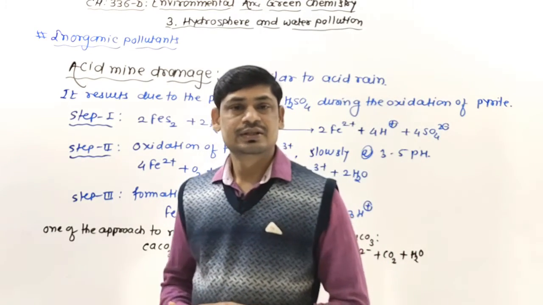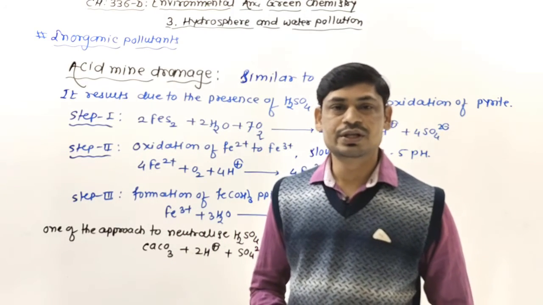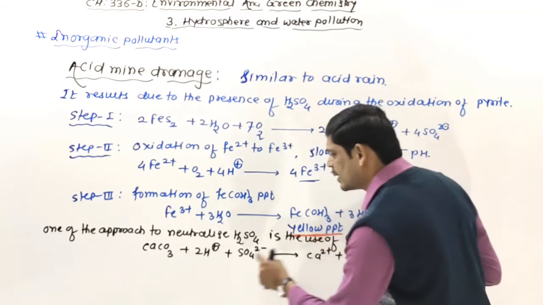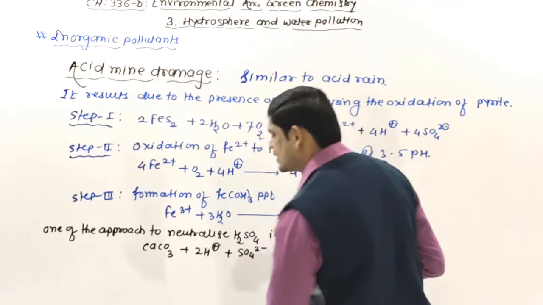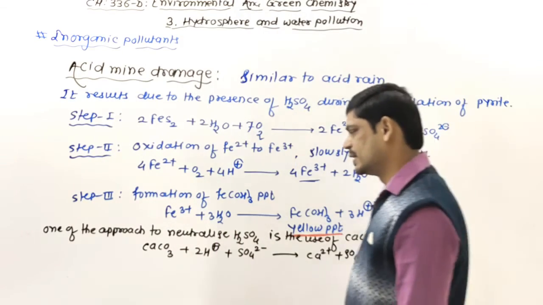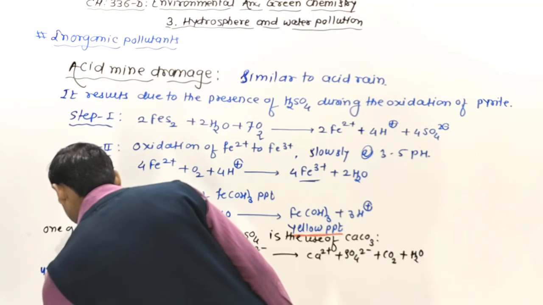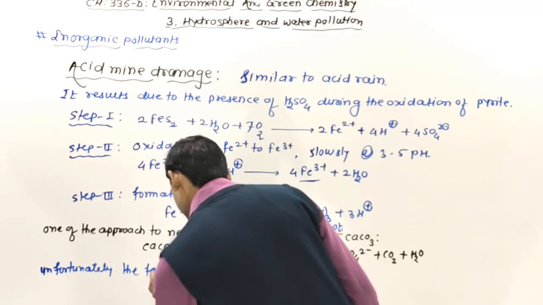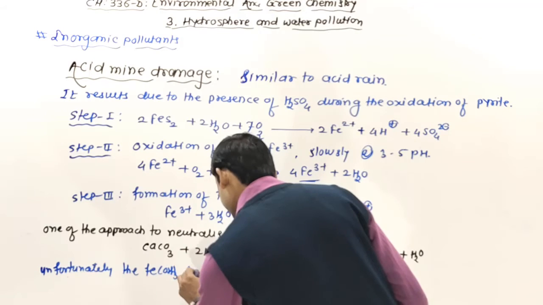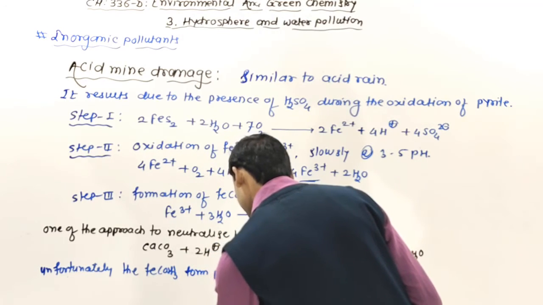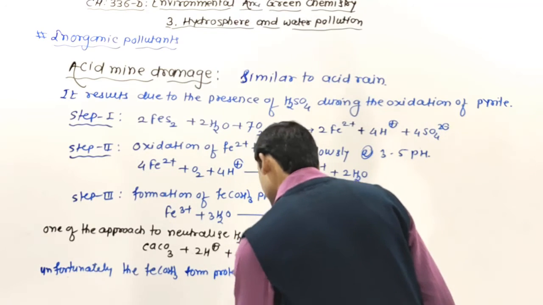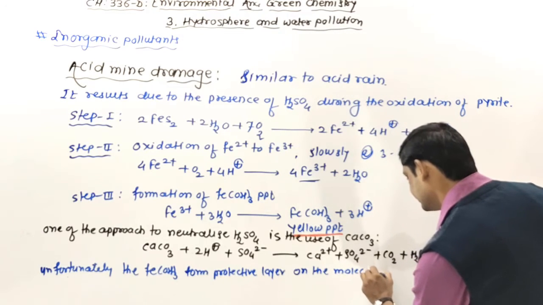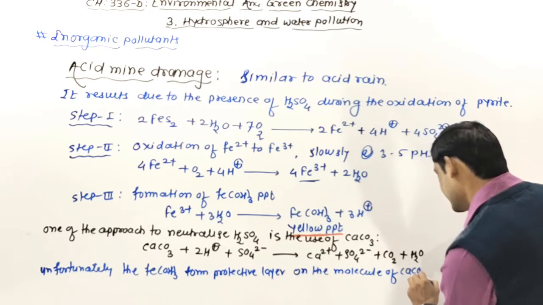However, unfortunately, the yellow precipitate of ferric hydroxide forms a protective layer over the calcium carbonate.